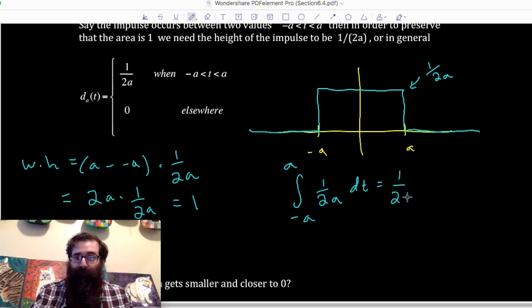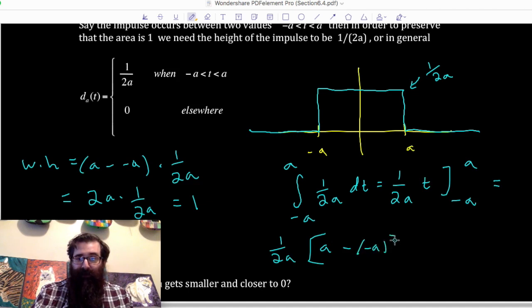So that gives me 1 over 2a times t from negative a to a. And then from there, it's really the same computation. We would say, okay, 1 over 2a can hang out in front as a coefficient. When I evaluate the net change in t from negative a to a, I get that a minus negative a, or that this is 1 over 2a times a plus a is 2a, gives me 1.